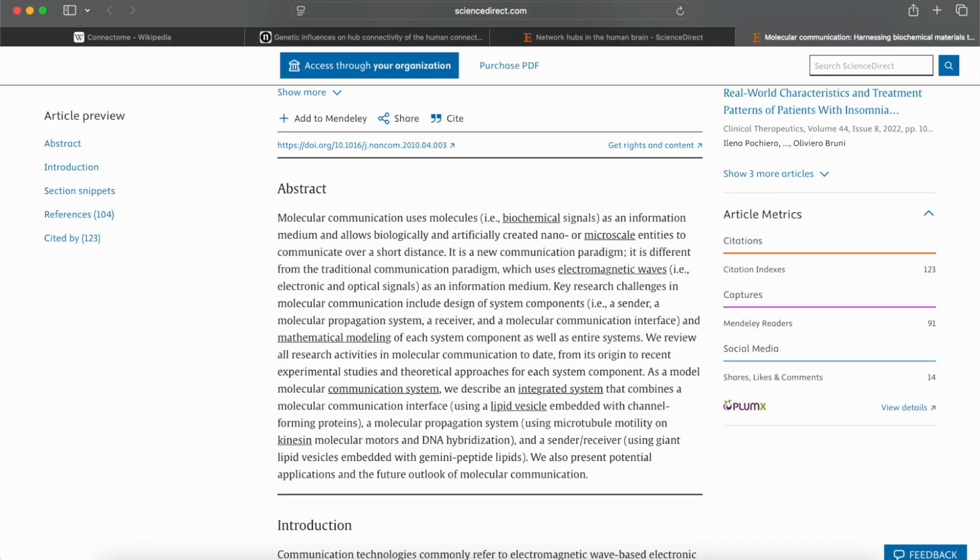We review all research activities in molecular communication to date, from its origin to recent experimental studies and theoretical approaches for each system component.